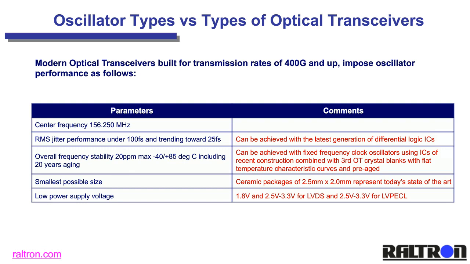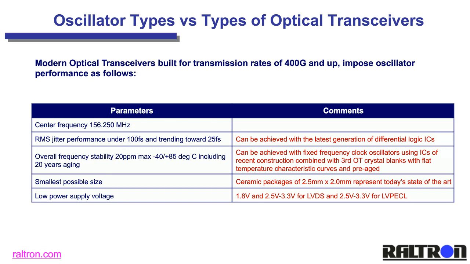And in order to include the aging of the crystal, 20 years aging for a crystal blank is somewhere around 10, 11 ppm, so that has to be reduced somehow. So in some cases, we do pre-aging, accelerated aging on the crystal blanks to achieve that.